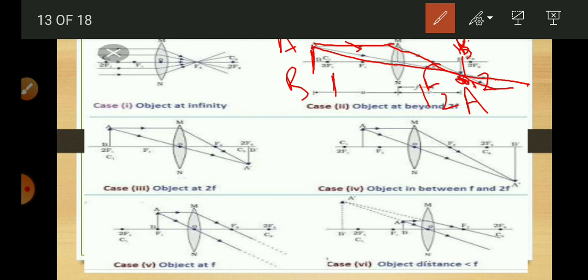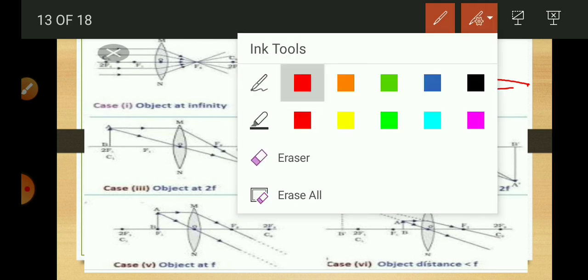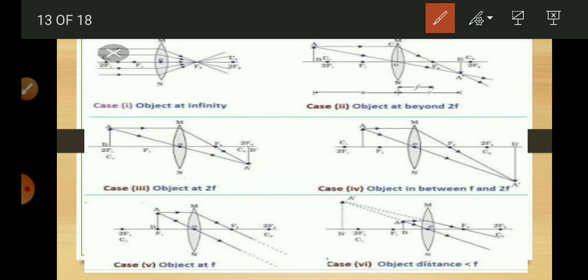If we observe the size of the image and the size of the object, we will see that the image is diminished, smaller than the object, and the image is formed between f2 and 2f2. So this is the property for case 1, that when the object is placed beyond 2f1, the image will be formed between f2 and 2f2. The image will be real, inverted and diminished.